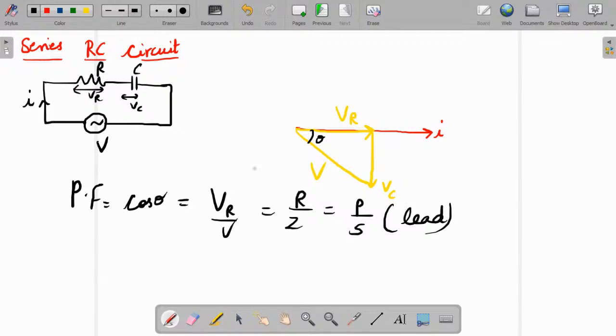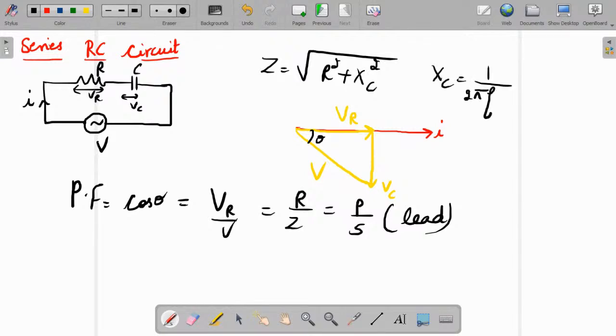Here Z is equal to the square root of R square plus XC square, where XC is the capacitive reactance, 1 by 2 pi FC, and XL is 2 pi FL. Why are you asking about units, Radha?